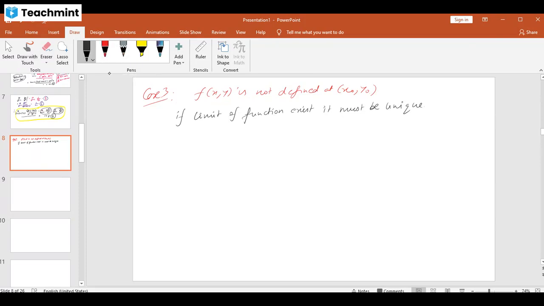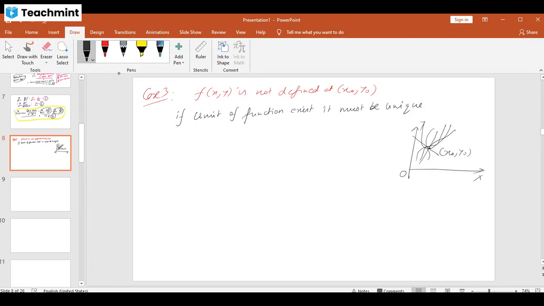For example, I choose any point x naught, y naught in the xy plane, with the x-axis, the y-axis, and the origin. There are infinitely many curves which pass through this particular point, maybe a straight line, maybe a parabola. Every curve contains the neighborhood of this point.